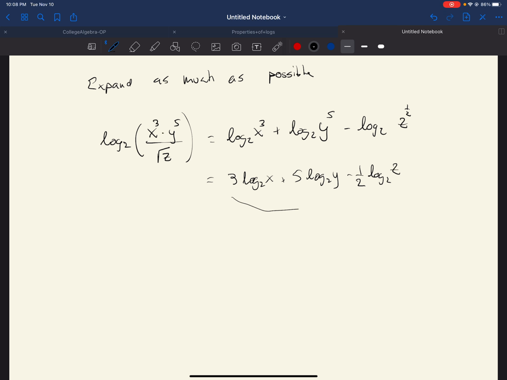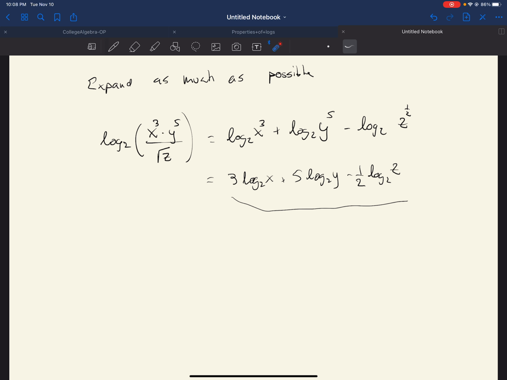And that, my friends, is as much as I can expand it. There's nothing else inside but a single piece, a single piece, a single piece. I have all of the exponents down in front, and now they're just multipliers. And so this is expanded as much as possible.